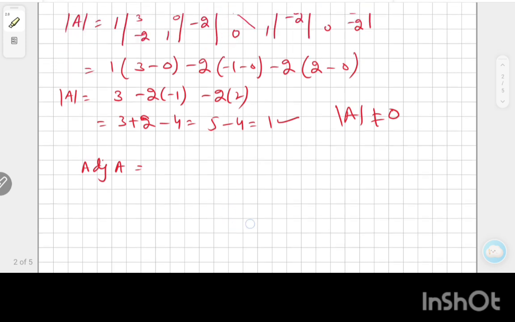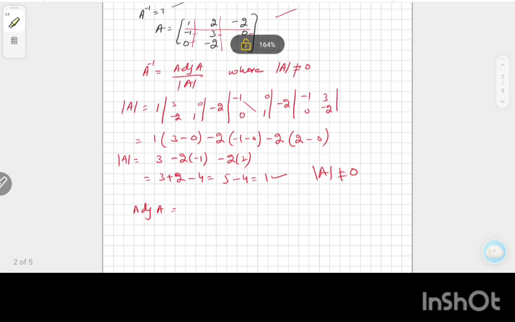First, you write all these values in a similar pattern: 1 minus 1 0, 2 3 minus 2, minus 2 0 1. Dear friend, remember that this is column 1, column 2, column 3, and this is row 1, row 2, row 3.